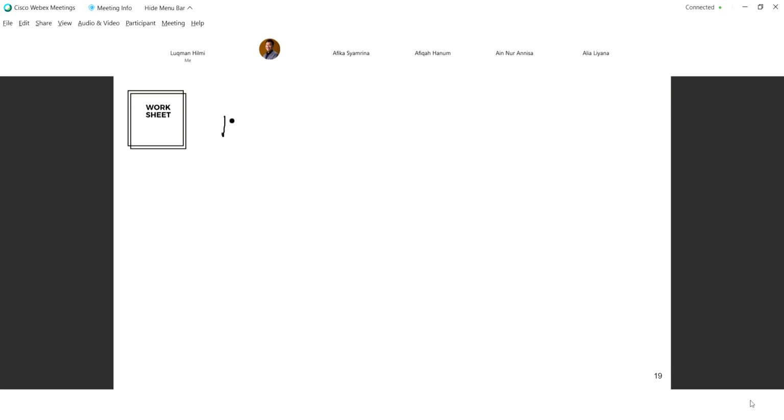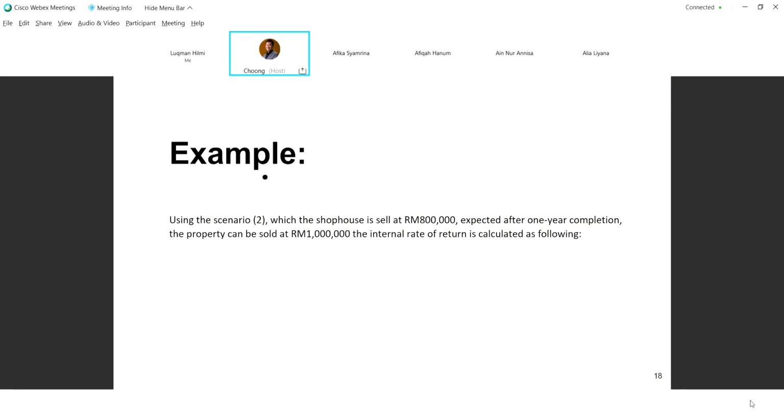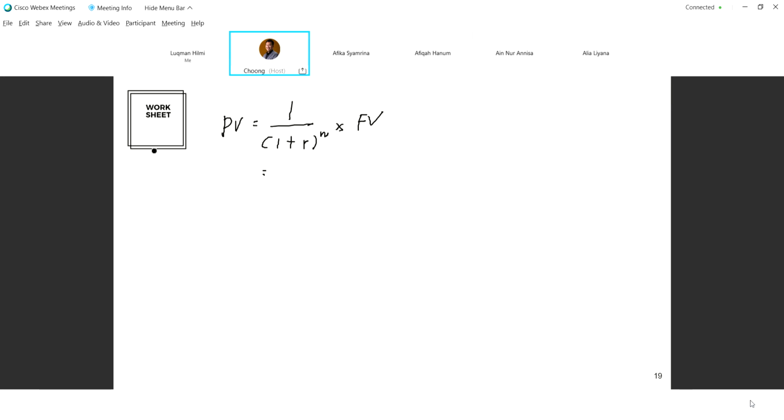You know that PV, present value, adalah sama dengan 1 over 1 plus I or R, alright, let's say R, power by N, darab dengan future value kan? Sebab nak present value kan? So, in this case, present value dia adalah 800,000. Sekarang dia dijual pada 800,000.